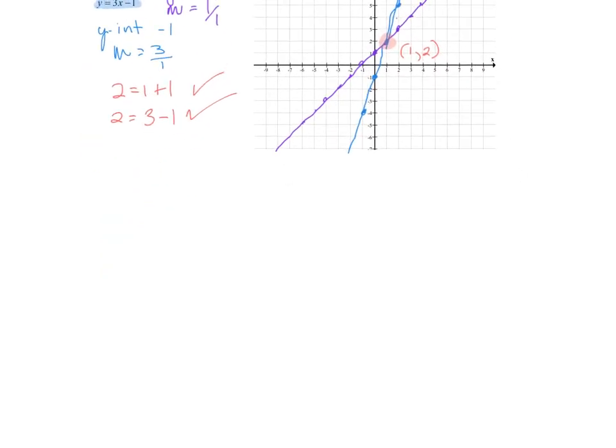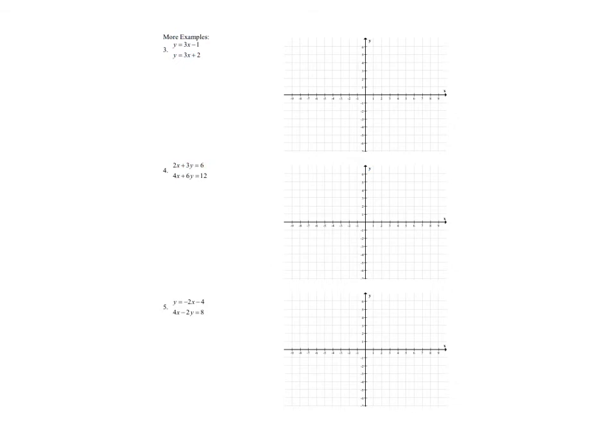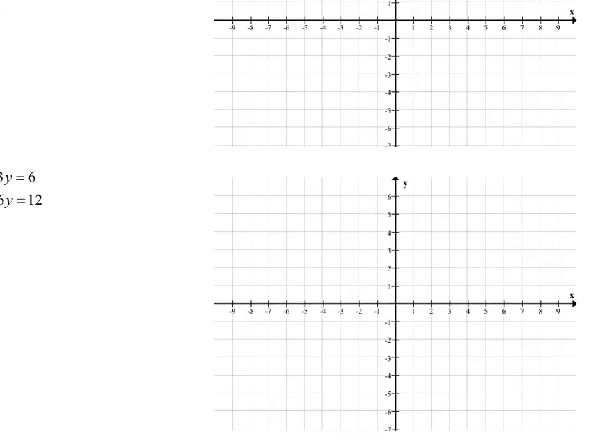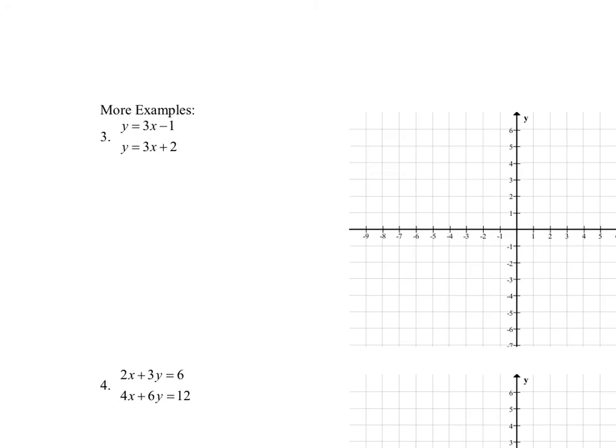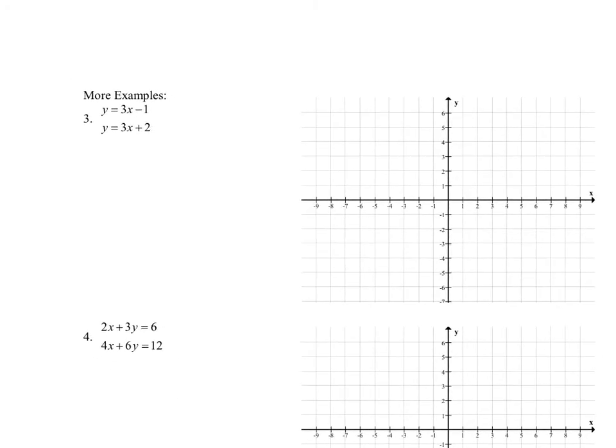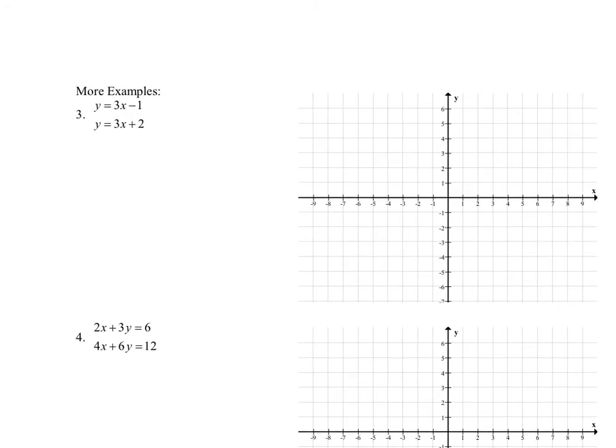All right, we're going to move on to the last page. Notice I've got three systems to graph. We're going to practice a few more here. So again, we have a slope-intercept equation. So we're going to do this equation. And our y-intercept is -1.